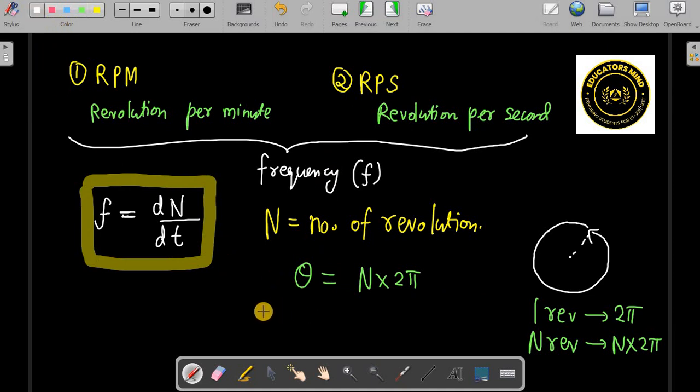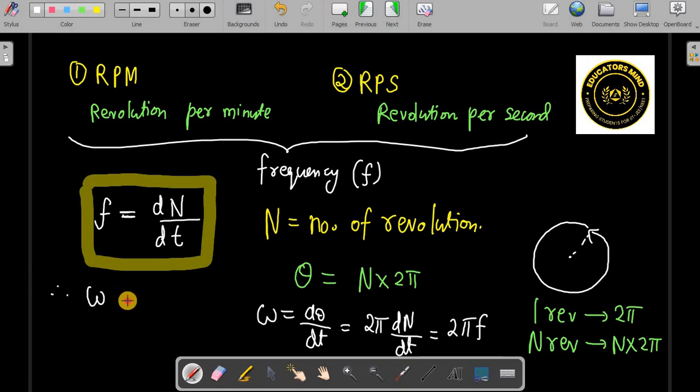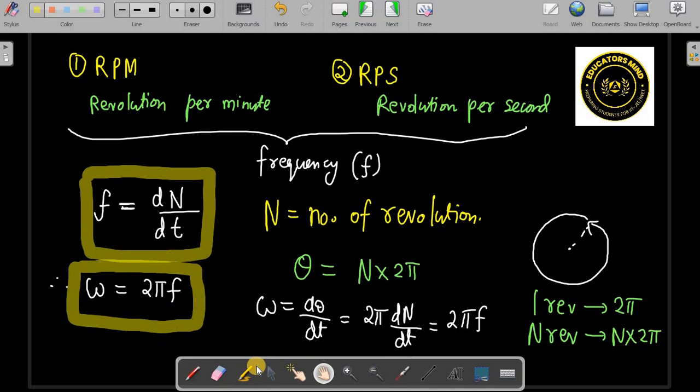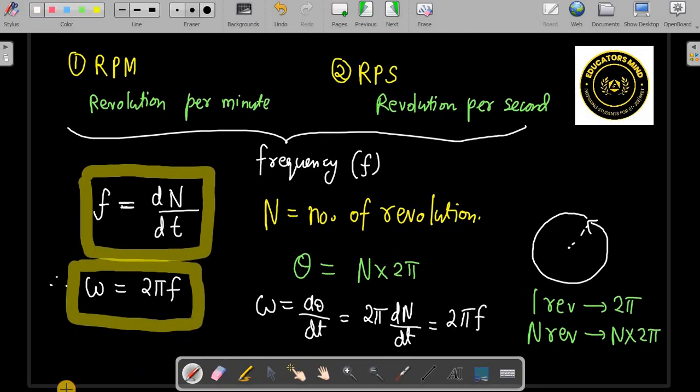Now if you differentiate to calculate omega, d theta by dt, the 2 pi, being constant, comes out, and dn by dt is nothing but frequency. So that's why the angular speed omega is 2 pi into frequency. So this is the general definition: RPM, RPS, frequency, and angular speed. These are different terms. We have to understand this.